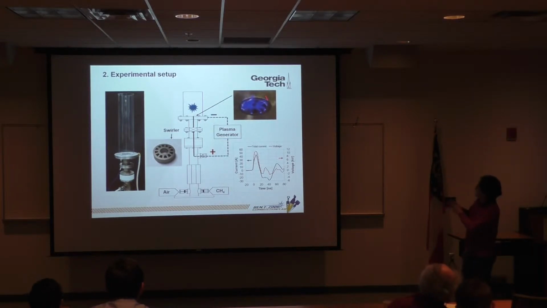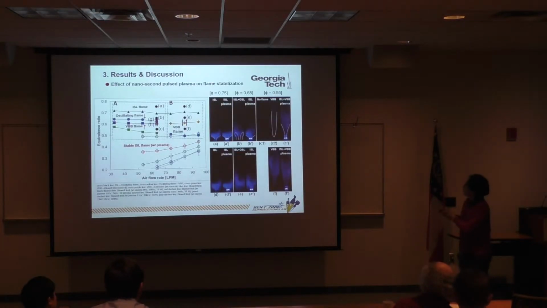This photo is a direct photo of the plasma discharge, and the graph below is the waveform of current and voltage. Let's move on to the results and discussion.